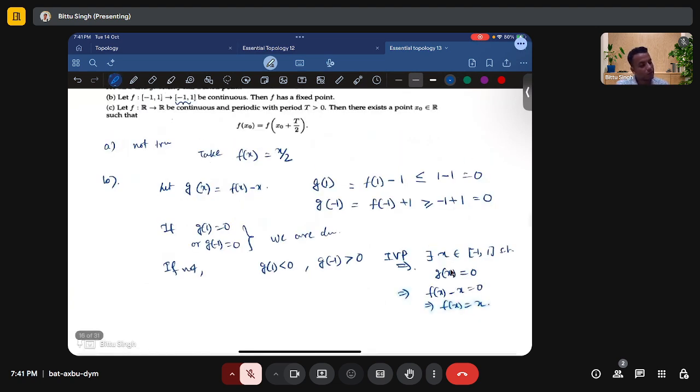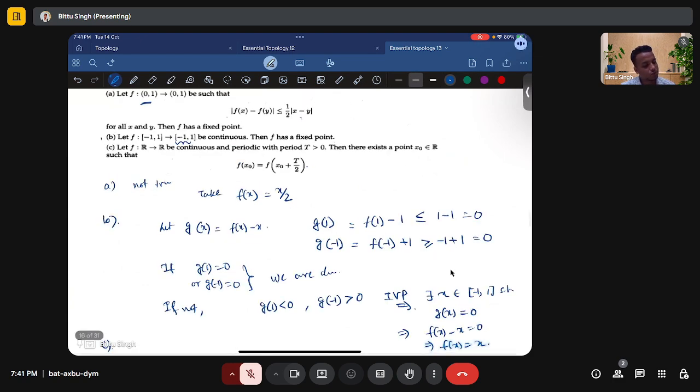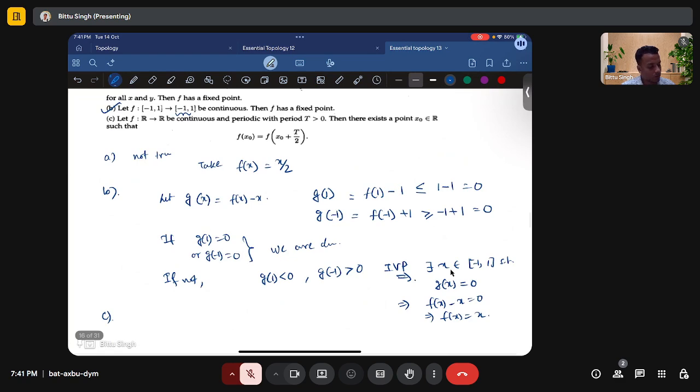Now for option C, f maps R to R is a continuous periodic function with period t. So again, it is clear B is true, A is not true. So we construct a function g(x) equal to f(x) minus f(x plus t by 2).